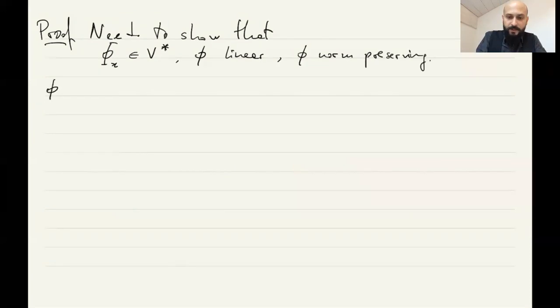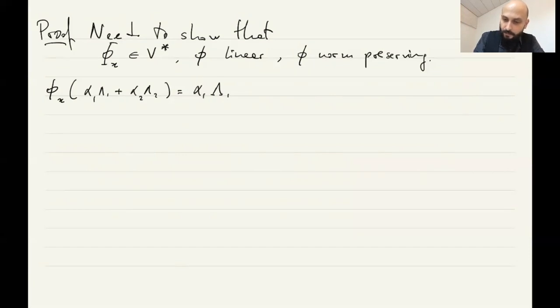Okay, so let's check first that Phi-x is a linear map. Let's call them lambda 1, lambda 2, and scalars alpha 1, alpha 2.